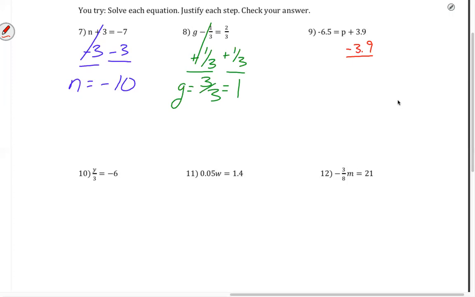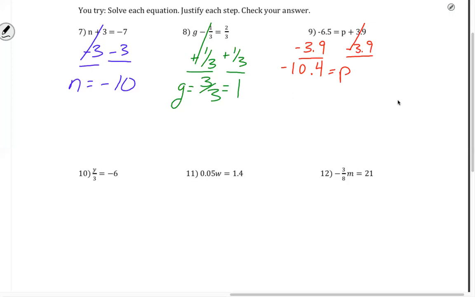Well, I meant you subtract it from the other side. So you subtract it from the -6.5 side. Oh, okay, I got you. And then you would get, hold on. 5 plus 9 is 14. Carry my 1. 6 plus 3 is 9. What'd you get, Ben? I got -10.4 equals P. Me too.